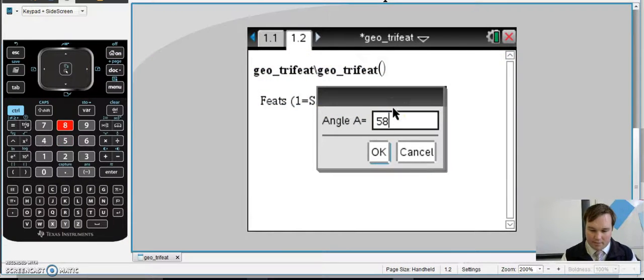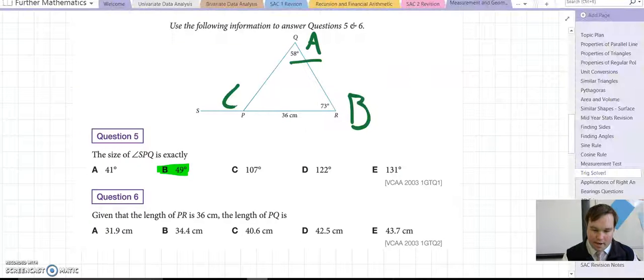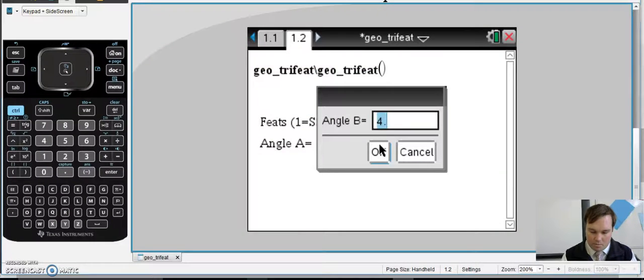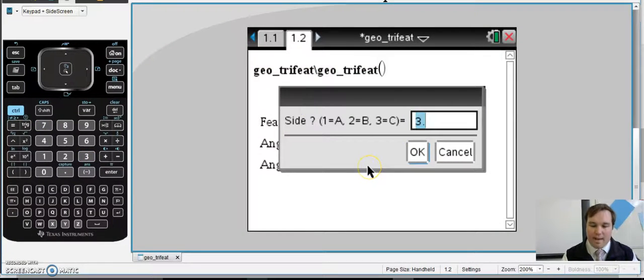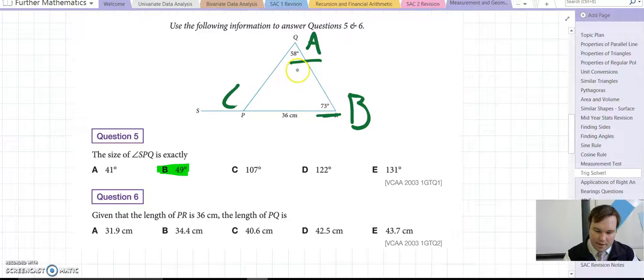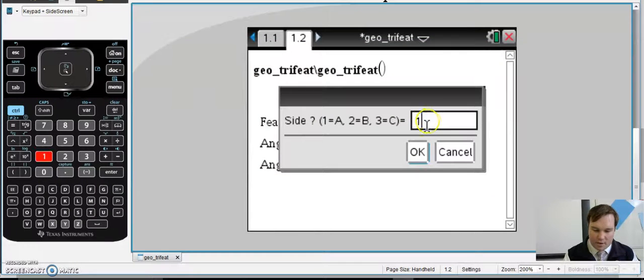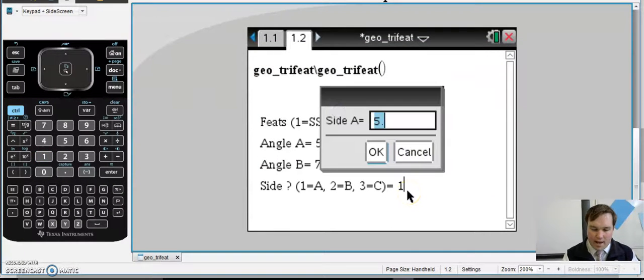Angle A, 58. Okay. Angle B is 73. And then it asks us, well, which side are you going to give us? You're going to give us side A, B, or C. So we look at the triangle, and we can say that we're going to give it side A, so we put in here as 1. And the length of side A is 36.